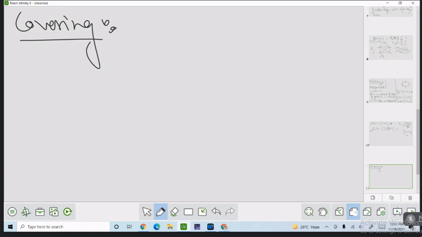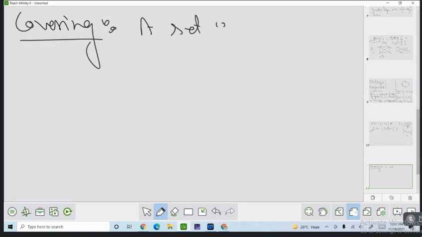If we have a graph, and that graph has vertices, and also edges in the graph G, that set of edges is called a covering if every vertex of G is incident on at least one edge. I'm writing, then you will get it.